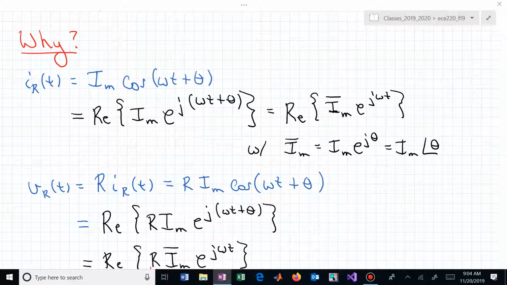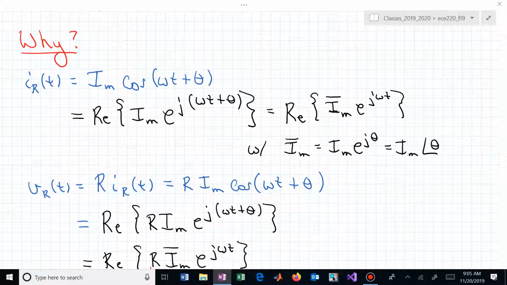And I did that without really showing you the steps, but underneath I said with I sub m bar, the phasor of the current, has a magnitude I sub m, which is what the magnitude was in our time domain cosine waveform, and the phase shift we could either write as e to the j theta or at angle theta.